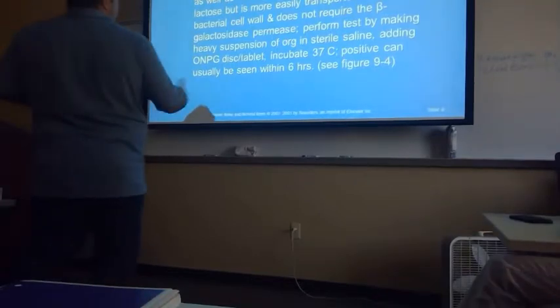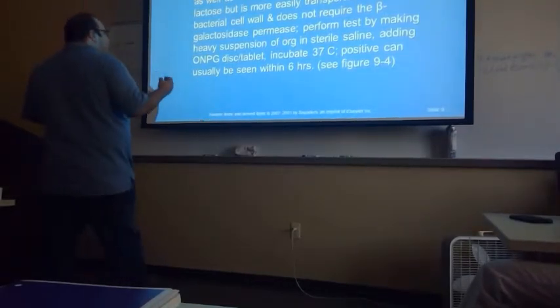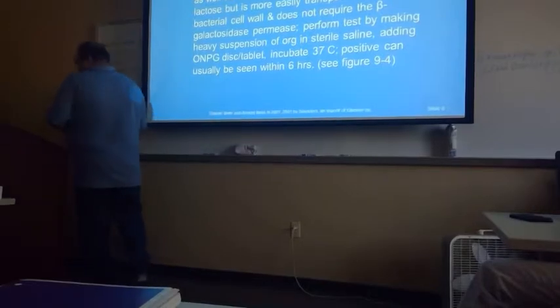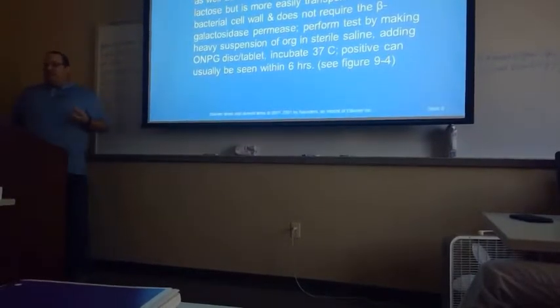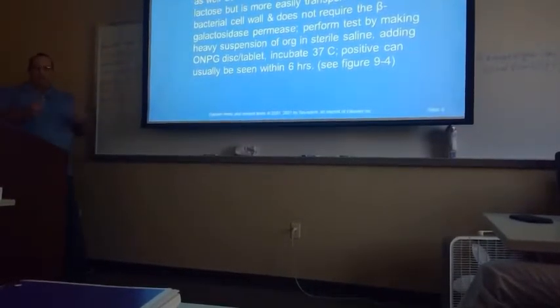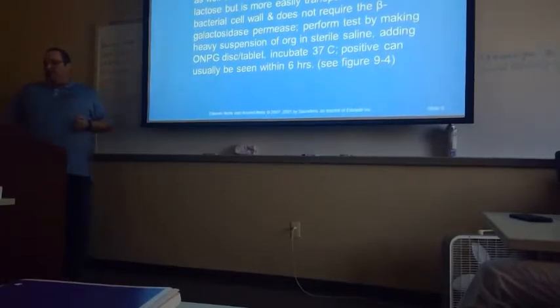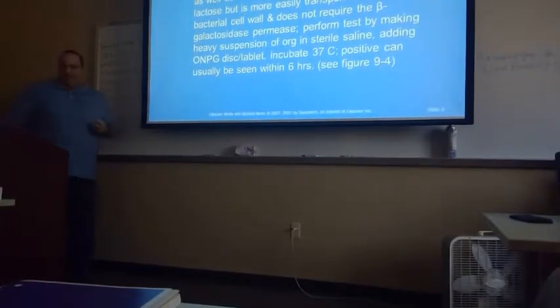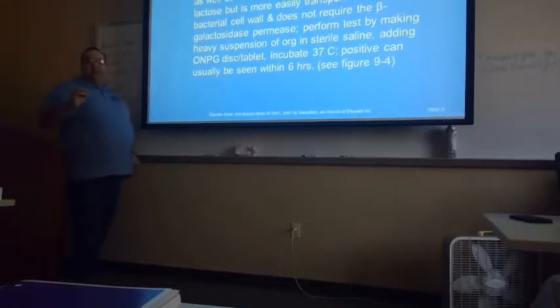So ONPG is structurally similar to lactose, but it's a lot easier for these organisms to transport inside the cell wall. It does not require that enzyme. To perform the test, ONPG is typically either a paper disc or a tablet.